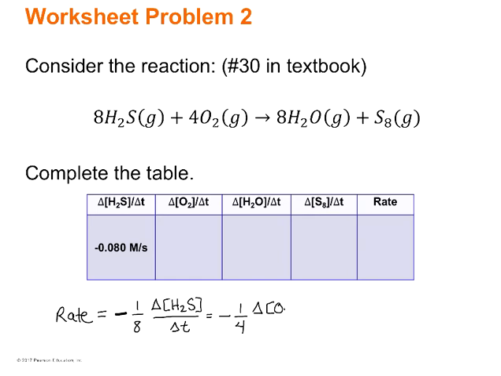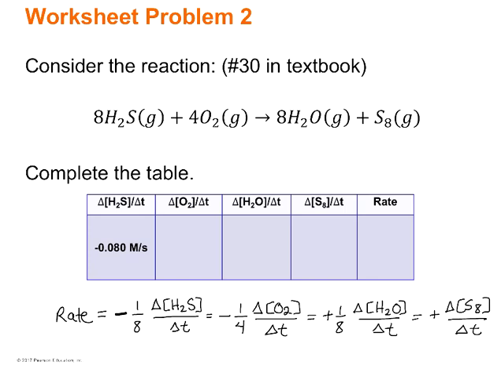And then it's just the change in concentration over time. And then for our products, we have positive 1/8 times the change in concentration of water over time. And then we have positive 1/1, since the coefficient is 1, times the change in concentration of S8 over time.